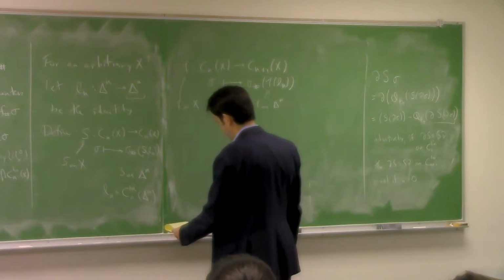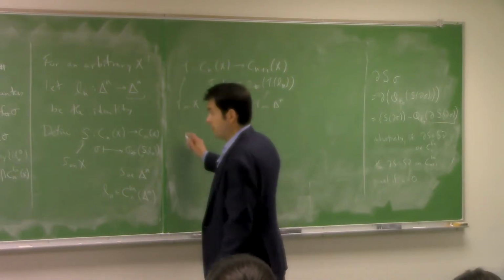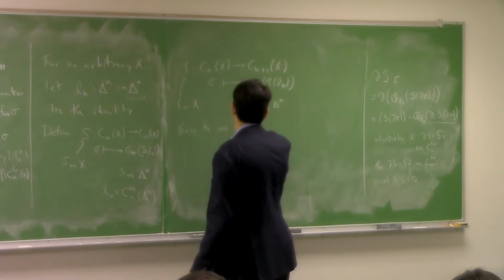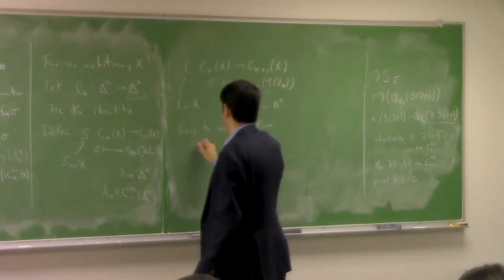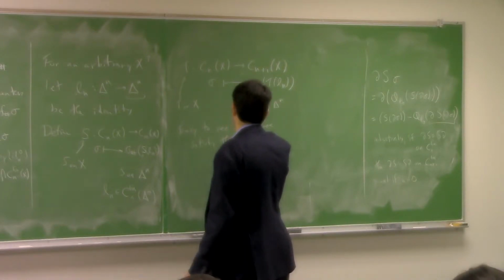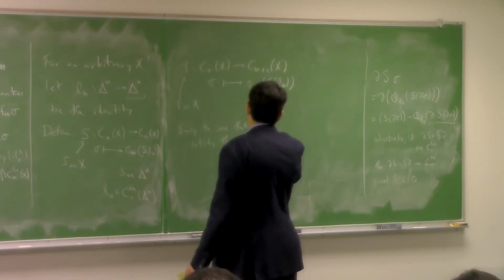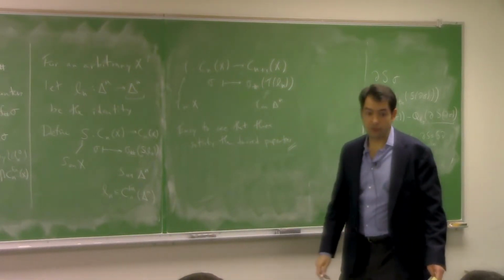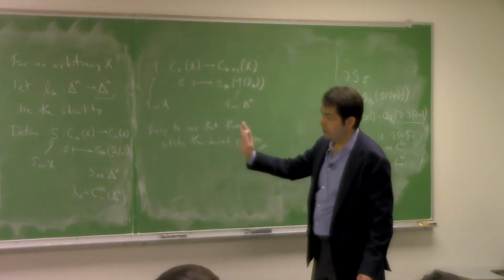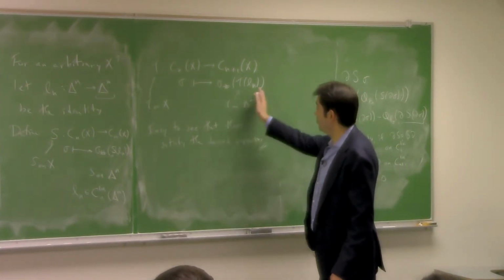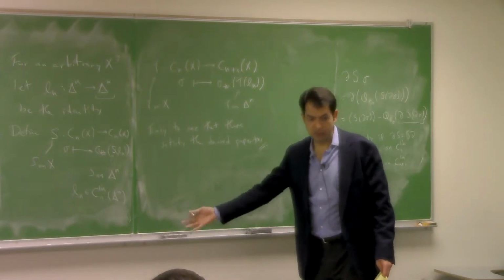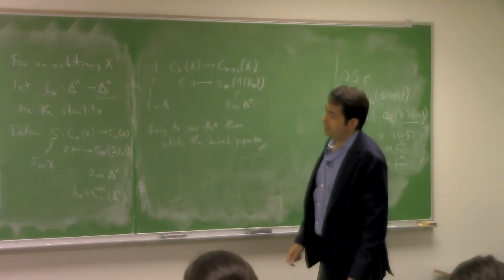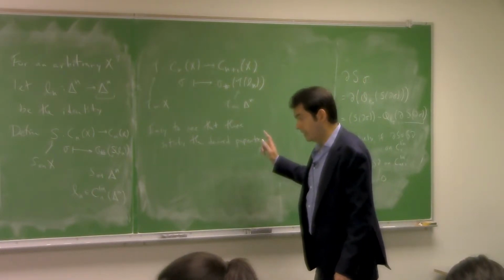I'll just say it's easy to see that these satisfy the desired properties. They satisfy the desired properties on convex subsets for n, and then you're just pushing them forward, so I'll let you check that they still satisfy those properties, but now for an arbitrary topological space. Wonderful, so that gives us the proposition.